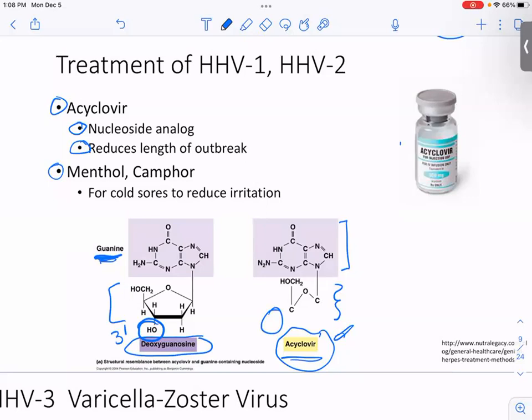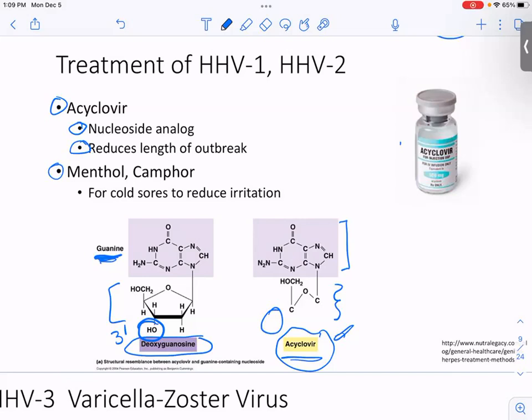Every semester I look into a herpes vaccine. There is one that's been languishing in clinical trials for many years to be given after somebody is infected with genital herpes. Again, that's usually HHV2.